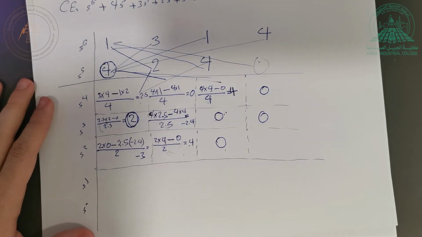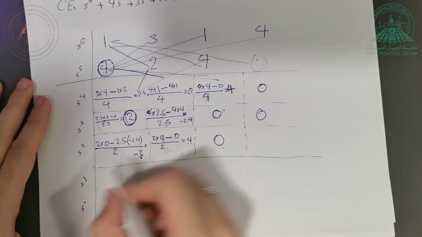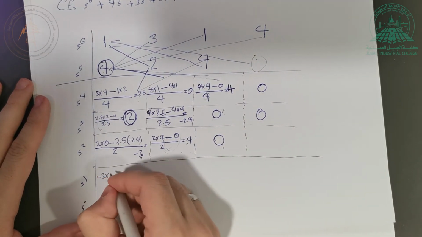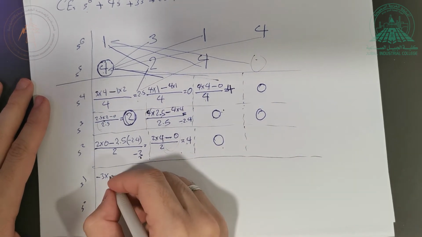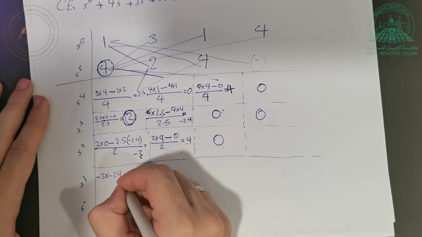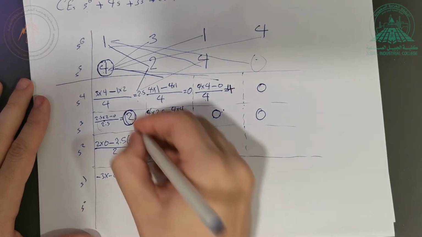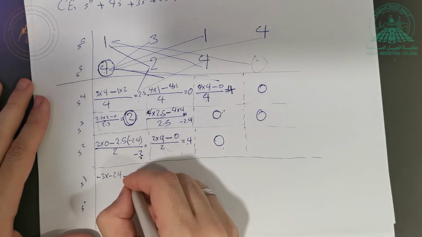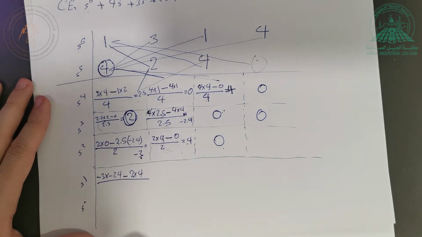Now let's go to the next one. How do I get this one? I'll multiply this by this. So it's minus 3 multiplied by minus 2.4, then minus this multiplied by this, minus 2 multiplied by 4. What should I divide by?